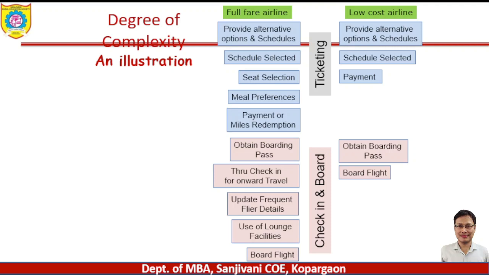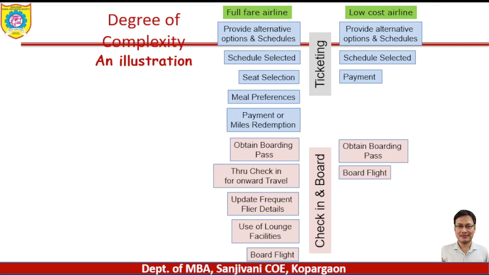The second element, degree of complexity, is illustrated in the following slide. It shows an example comparing two different kinds of airlines with respect to two processes: ticketing, and check-in and boarding.